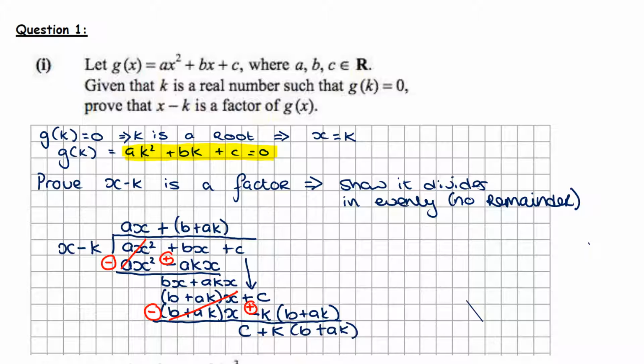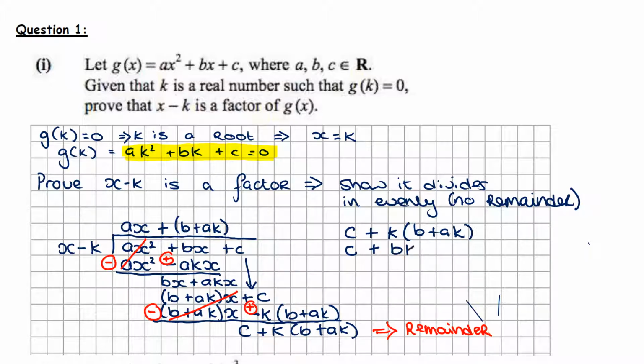And this here is our remainder. So that's what we have left over because we've done our division now. So we're trying to show that c plus k times b plus ak equals 0. And let's see if that's true. To make it a bit clearer, let's multiply it out.